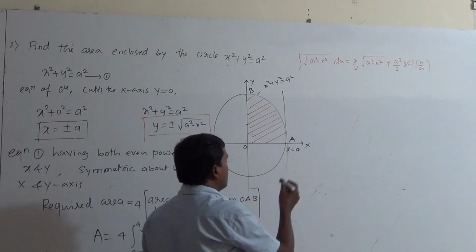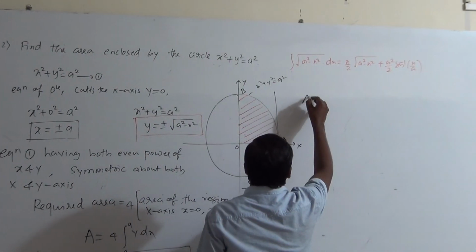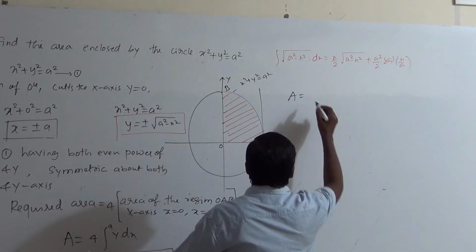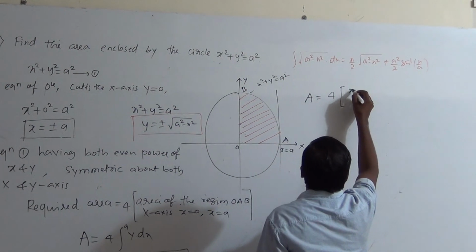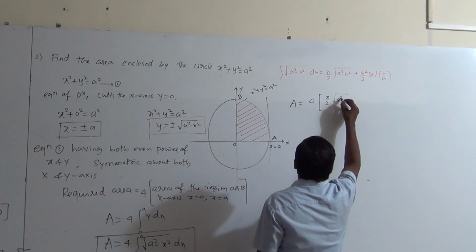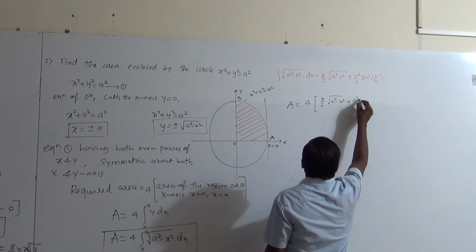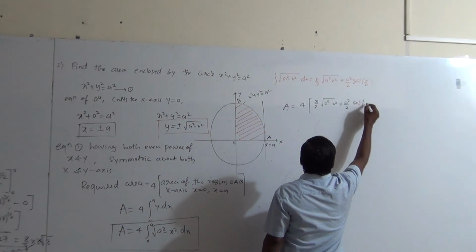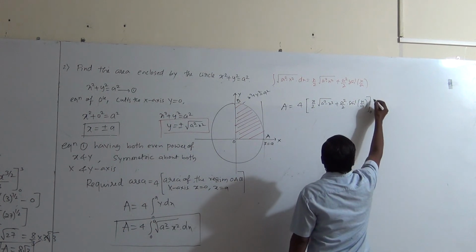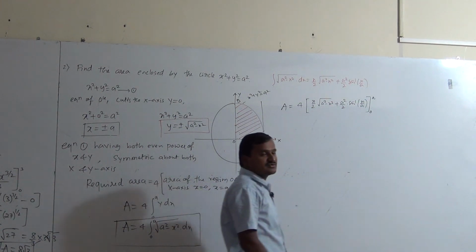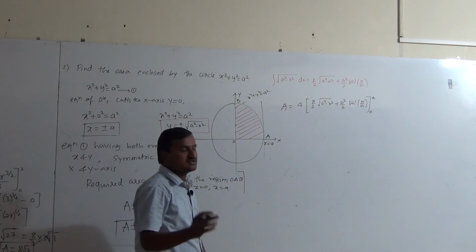So 4 as it is, times x by 2 square root of a square minus x square plus a square by 2 sine inverse of x by a over the limits 0 to a. Now I will substitute upper limit minus lower limit.